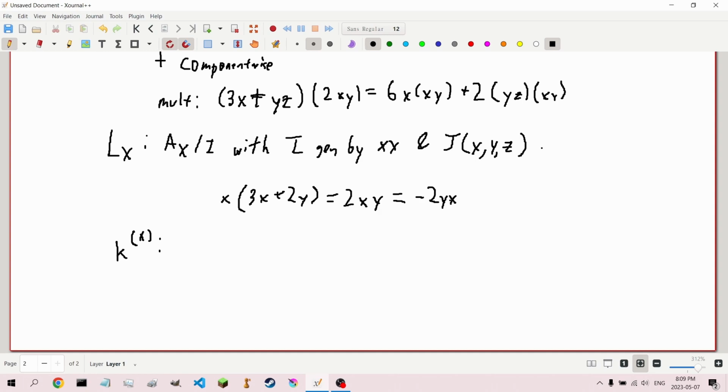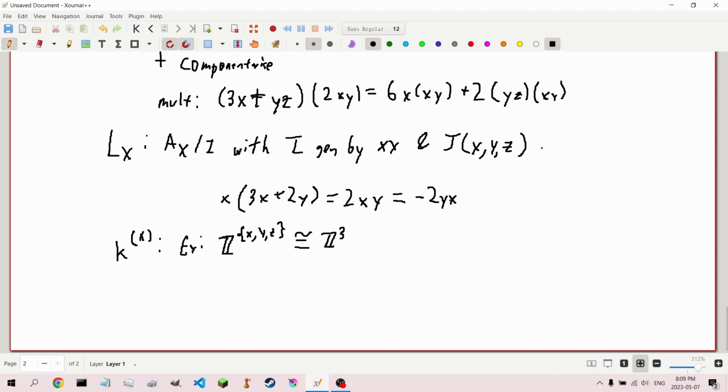So this is the free K module with basis x. In this case it would be like 3 copies of, in our example, keep in mind our example is K is Z, and x is an element x, an element y, and an element z. So this is isomorphic now to Z cubed.